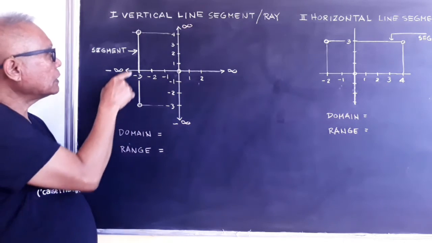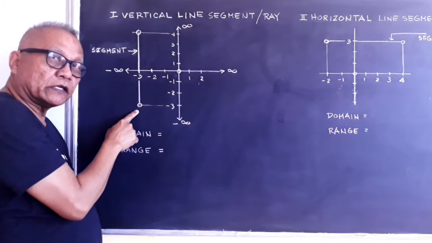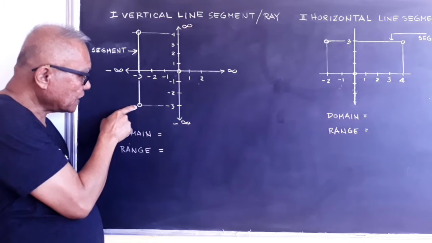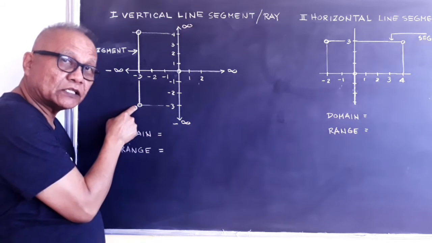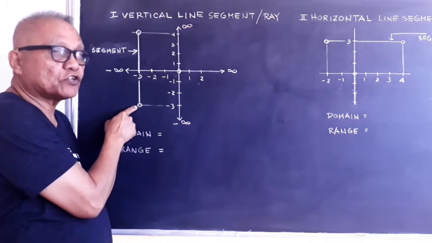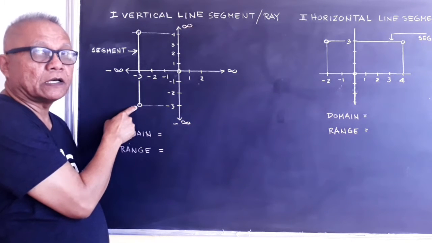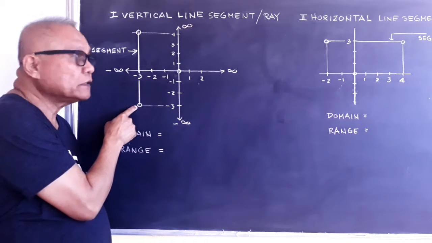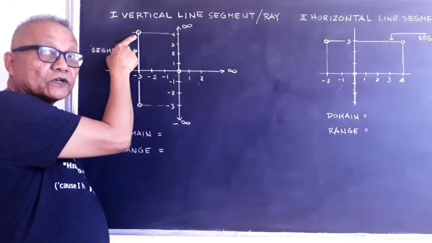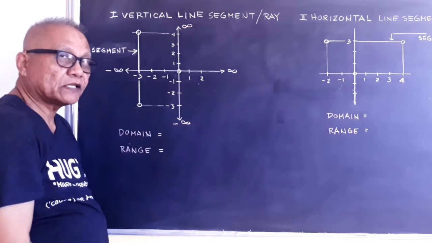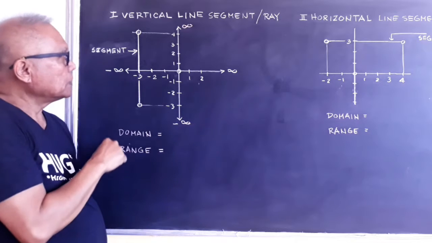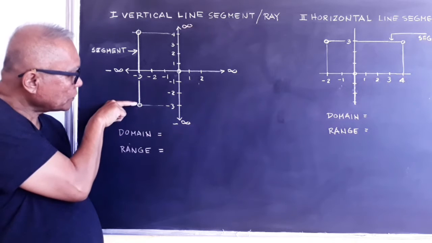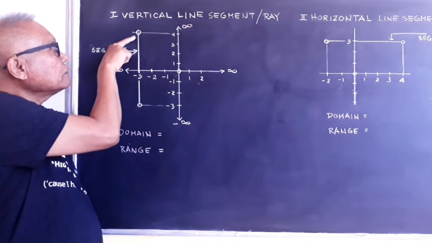We have our line segment here, and if you notice, the end of our line segment is not included. It's an unshaded circle, like in our linear inequality. That end there is also not included because it is an unshaded circle. So our line is from here only, not here, from there, and from there.